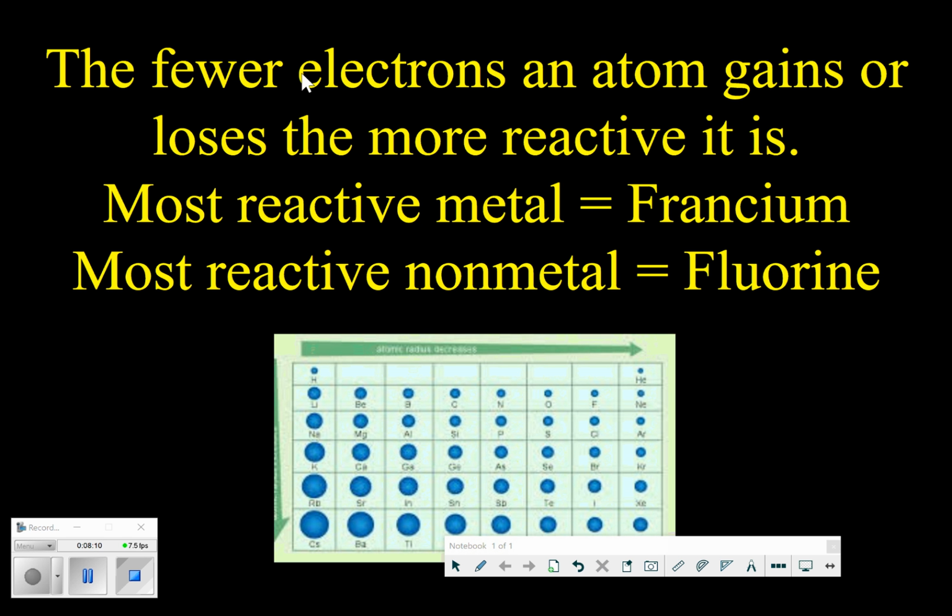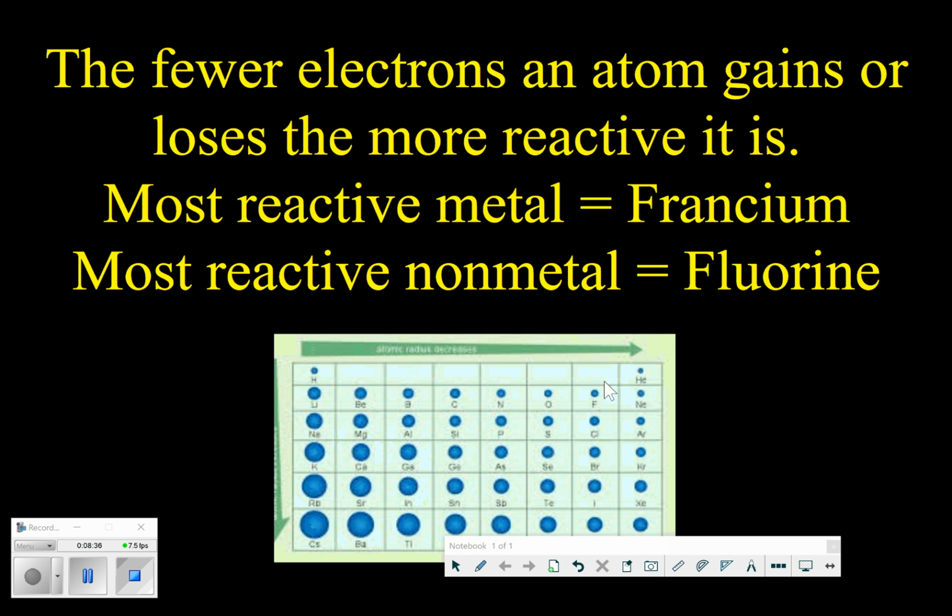The fewer electrons an atom gains or loses, the more reactive it is. So the most reactive metal is francium. That's right here. These right here are the second most reactive metals. And as you move outwards in these circles, it becomes less reactive.